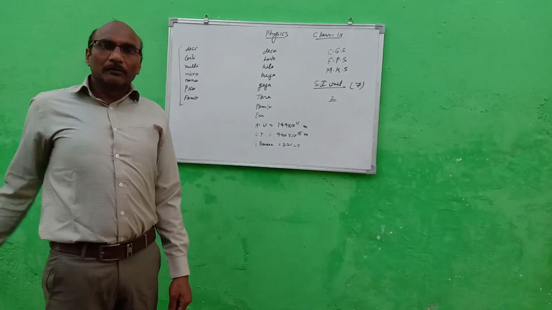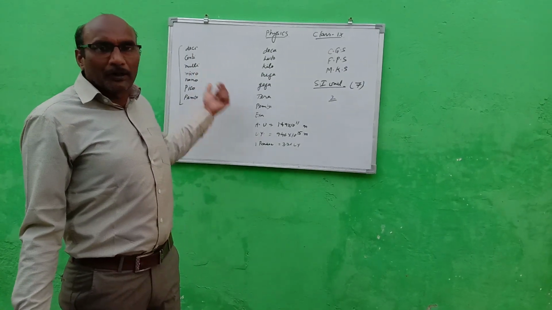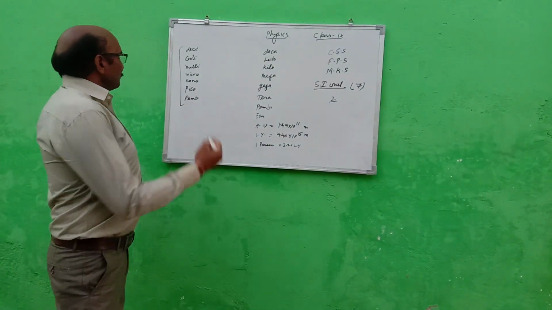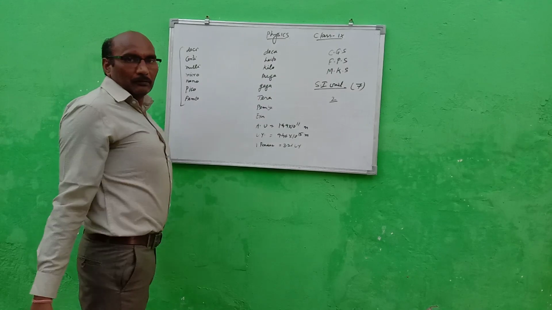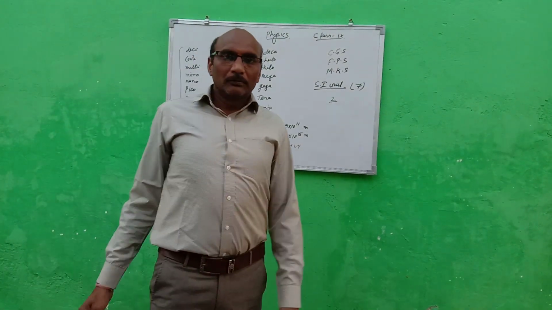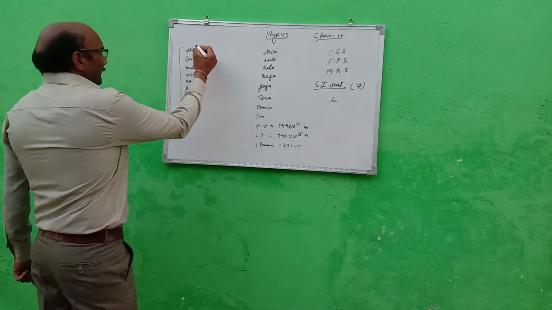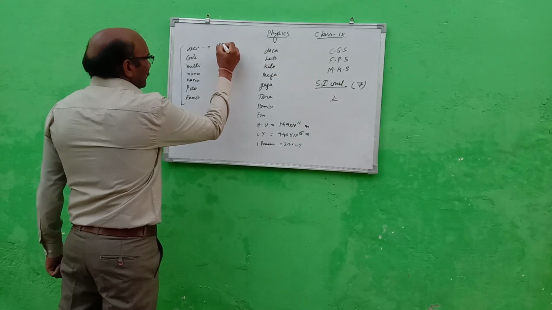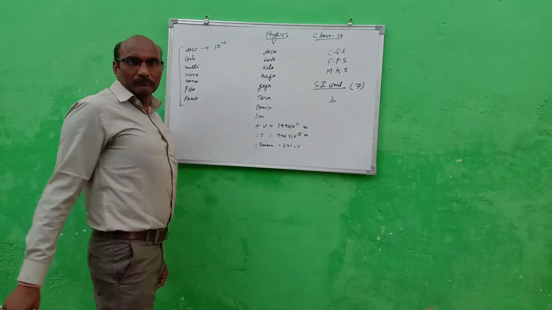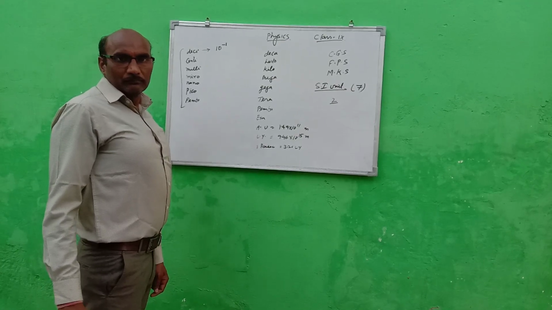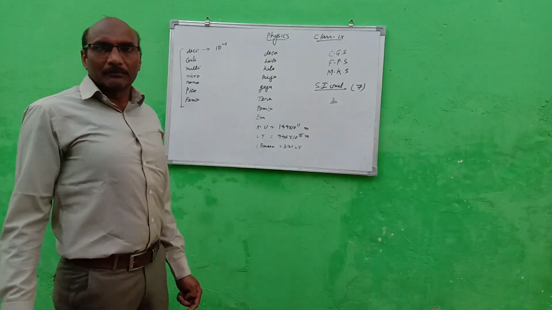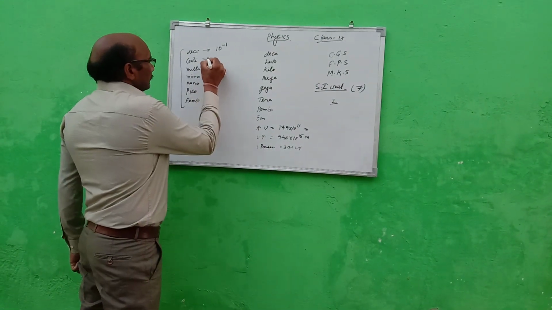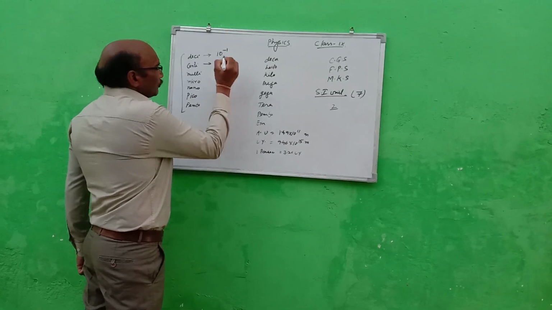First I will tell you the relationship between these smaller units and basic units. Suppose I am taking the example of the unit of length, that is meter. So 1 deci is equal to 10 raised to the power minus 1, which means 1 decimeter is 1/10 part of 1 meter. Centi is 10 raised to the power minus 2.